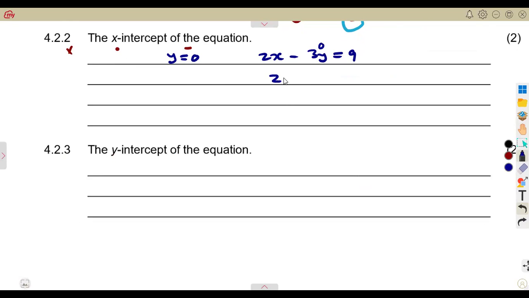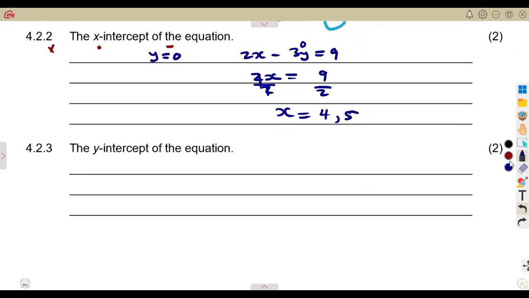So we are going to be left with 2x being equal to 9. Solve for x, because there's a 0 there, so there's no effect. Divide by 2, and our x is 9 over 2 or 4,5. Just like that, you have got your x-intercept.